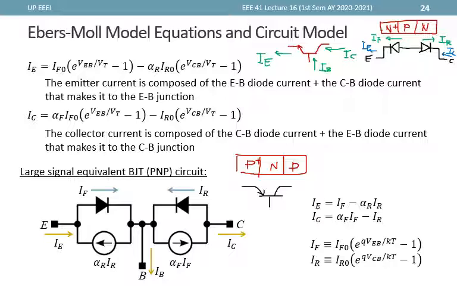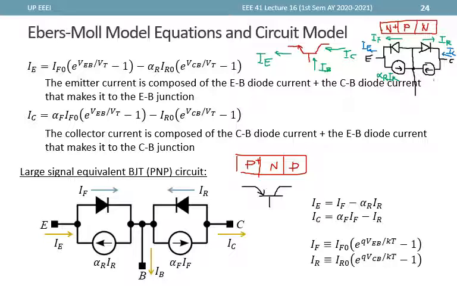Now we can draw the current-dependent current sources. We have two of them. But for the emitter side, we will draw it in the opposite direction, and opposite direction as well at the collector side. Now we can label them. So for the emitter side, that should be alpha R IR.